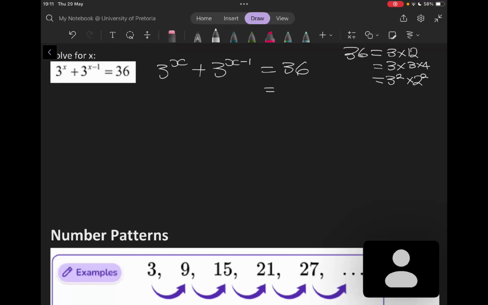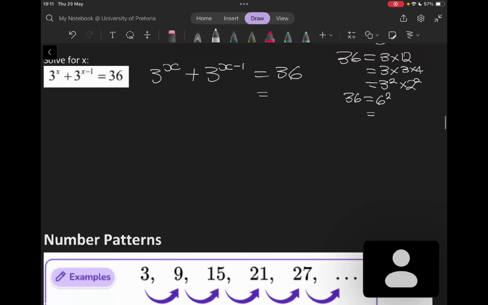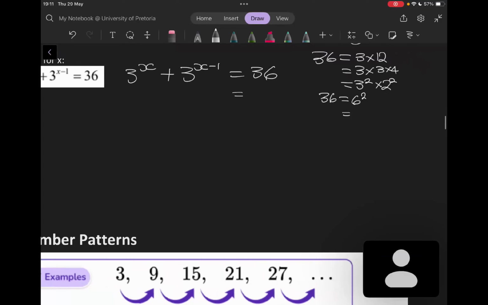It's 6 to the power of 2. Yes, it is 6 to the power of 2. We can simplify: 36 is equal to 6 to the power of 2. That is correct. But we can also put 6 as that prime factor exponent thing, whereby we have 3 times 2, because we can substitute that in place of 6.